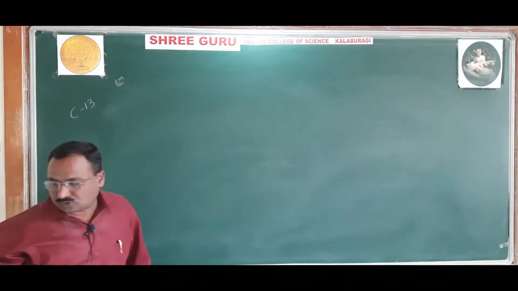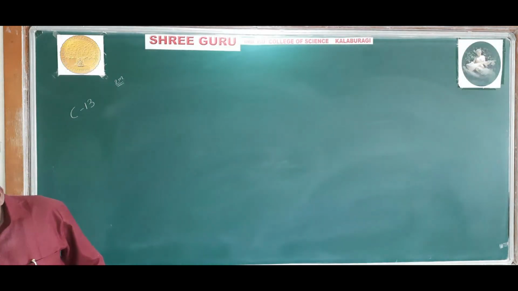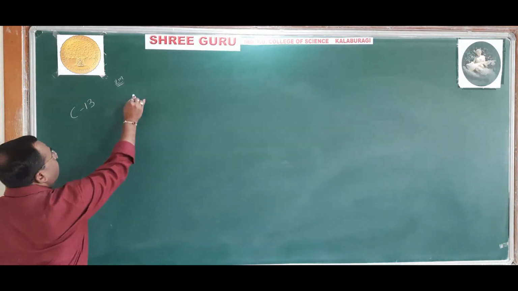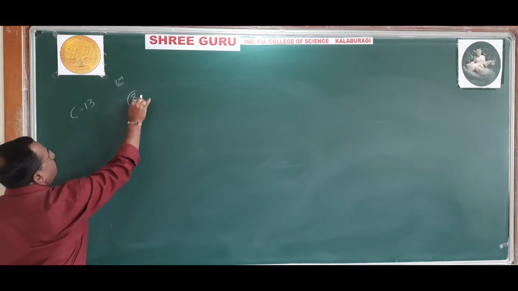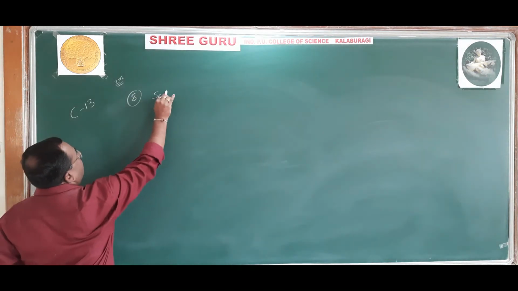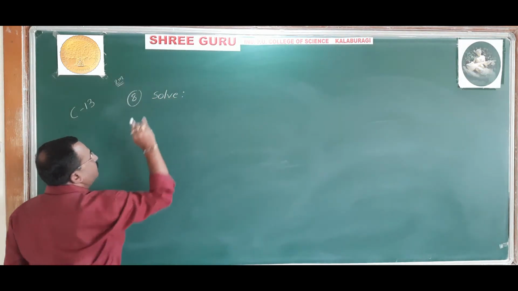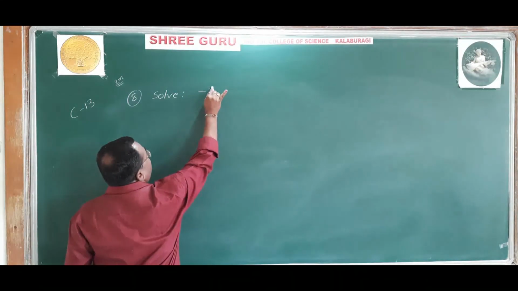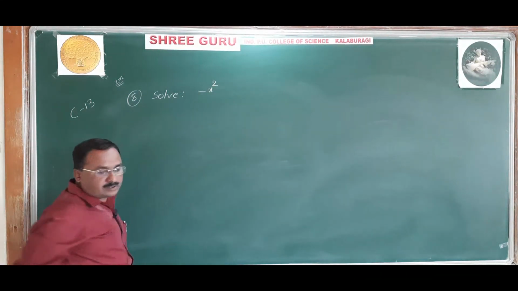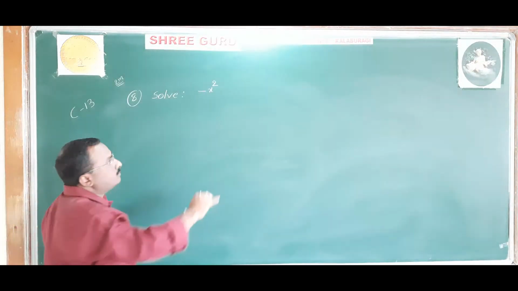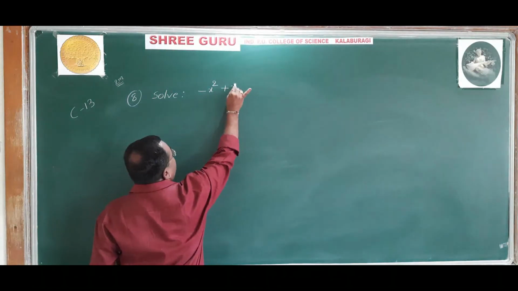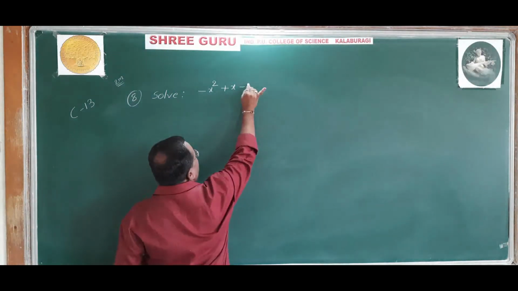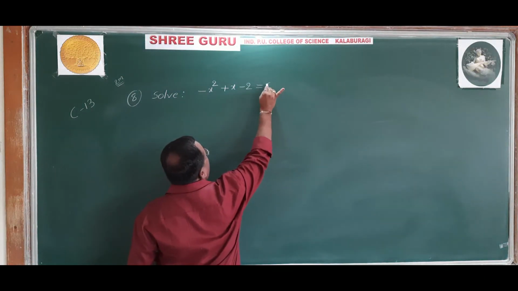Next, solve. Example number 8. Solve minus x square plus x minus 2 is equal to 0.